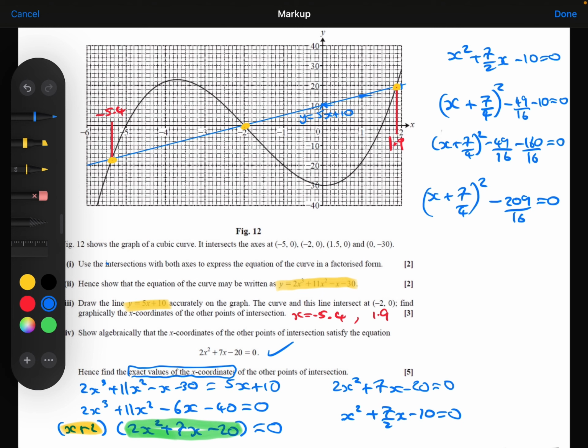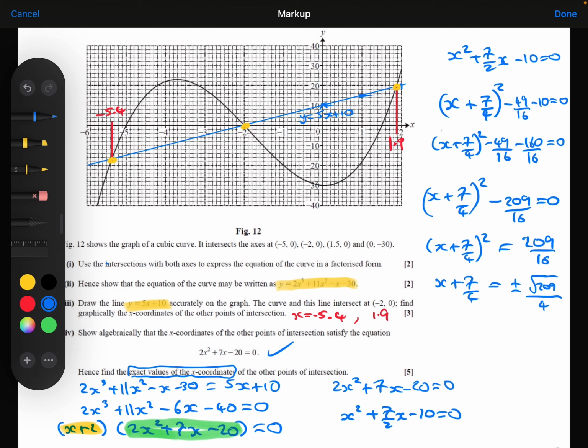I can now add that to the other side. And square root. So for square root, I will get plus or minus the root 209, which I can't do, so I'll leave it like that. The root 16 I can, which is 4.